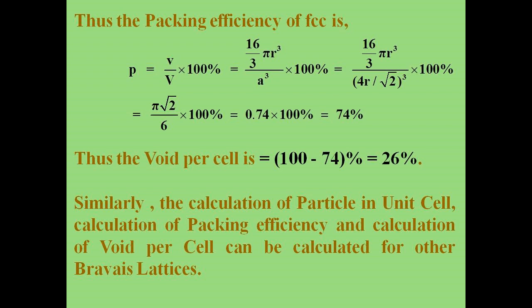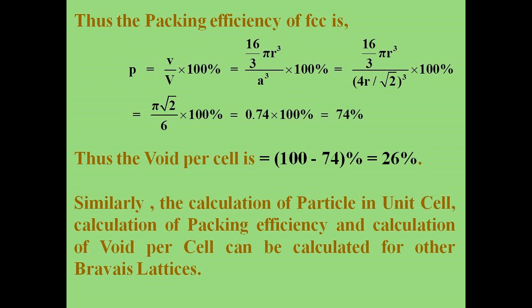Thus the packing efficiency of FCC is P equals small v by capital V into 100% equals 16 by 3 pi r cube by a cube into 100% equals 16 by 3 pi r cube by (4r by root 2) whole cube into 100% equals pi root 2 by 6 into 100% equals 0.74 into 100% equals 74%.